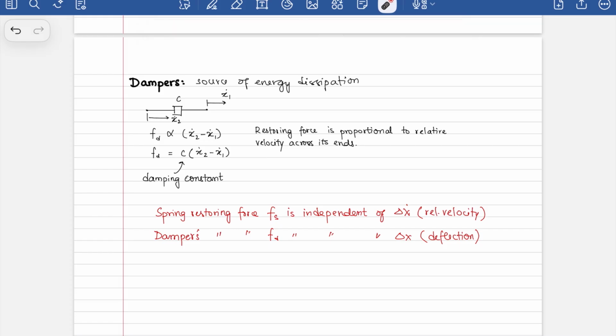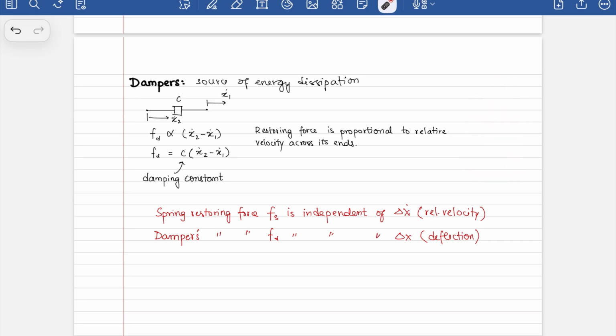Why is it shown in this way? It's because the shocks at the fundamental level, they are dampers, and essentially they have a piston within a cylinder, and this cylinder is filled with fluid, and there are holes in this piston, and as this piston moves up and down, it resists the motion, and it only resists the relative velocity.